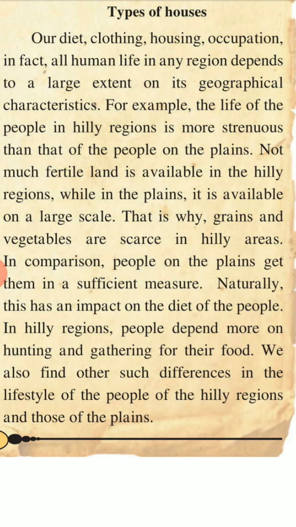In comparison, people on the plains get them in sufficient measure. Naturally, this has an impact on the diet of the people. In hilly regions, people depend more on hunting and gathering for their food.